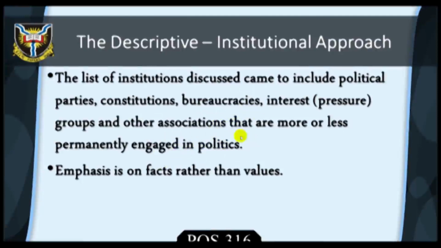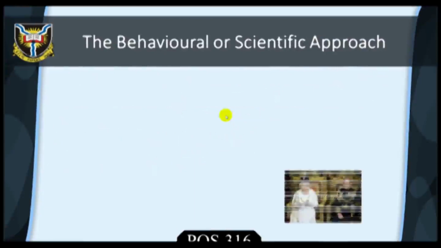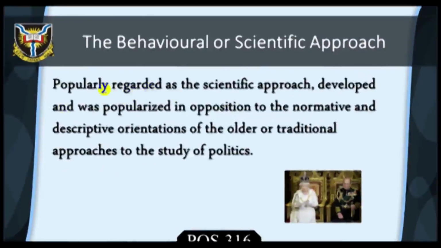The behavioral or scientific approach. It is important to note that the behavioral approach, which is also popularly regarded as a scientific approach, developed and was popularized in opposition to the normative and descriptive orientations of the older or traditional approaches to the study of politics.